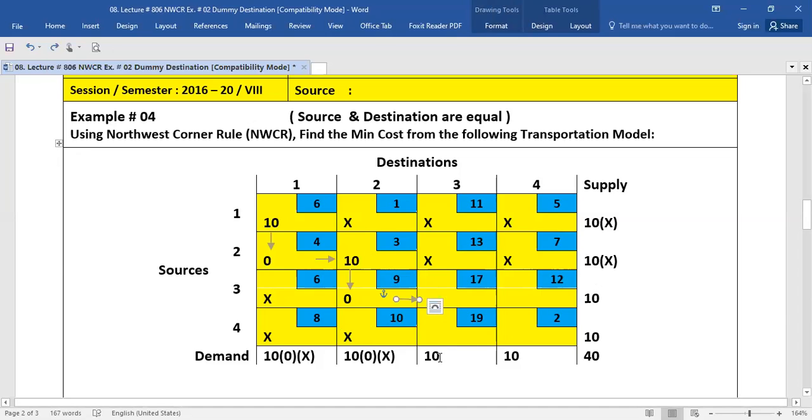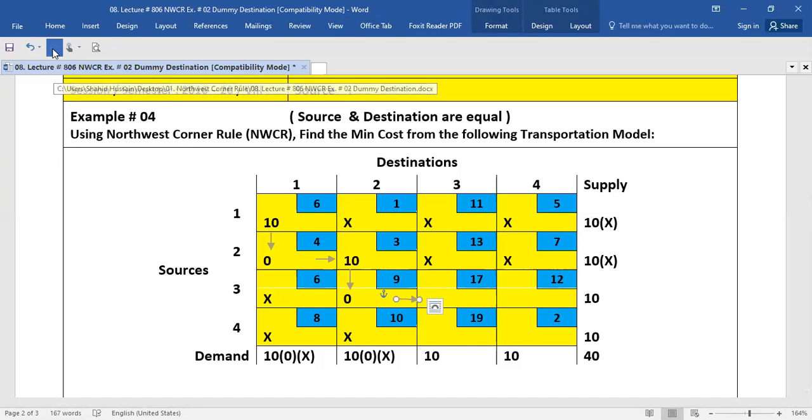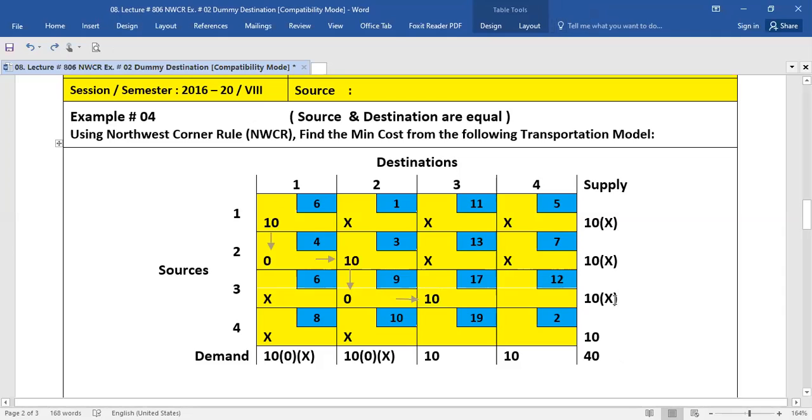The same situation is here. So as I have earlier told you, you will put 10 here and cross in front of 10 on row side, and also you will put 0 in front of 10 in column side, and also you will put cross in the blank cells of the row side. Now your allocation is completed.